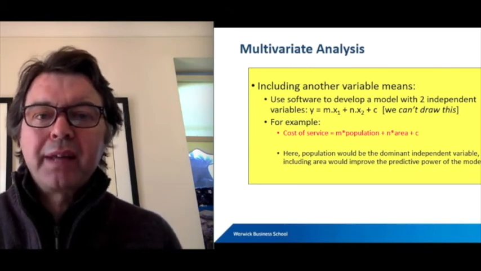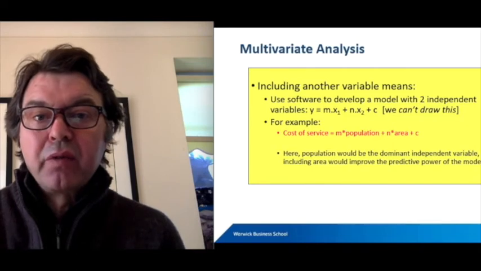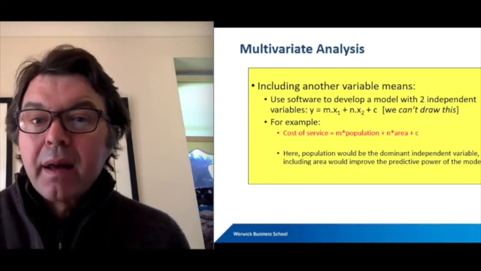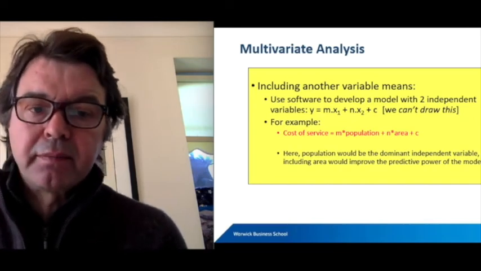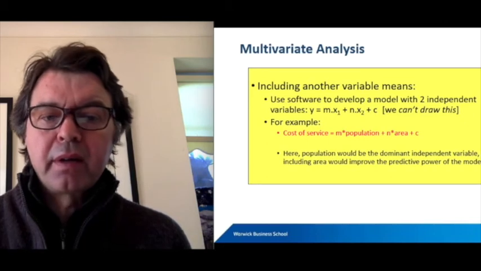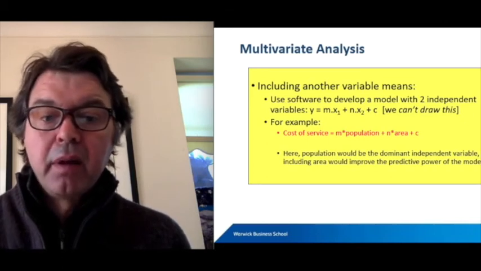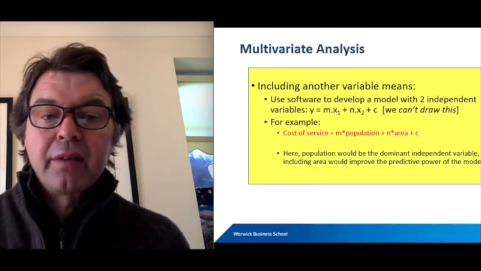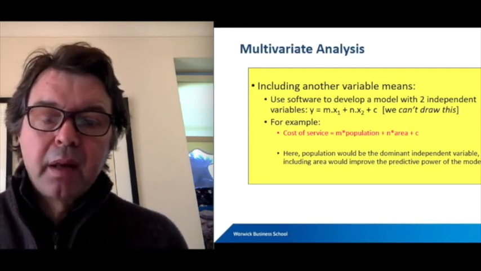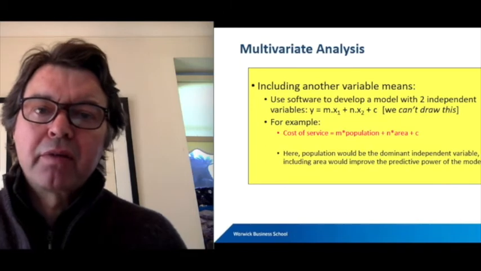If the relationship does really involve two variables, then this particular model is going to be better at predicting cost of service. Now, population here would be the dominant independent variable, but including area just simply increases the predictive power.